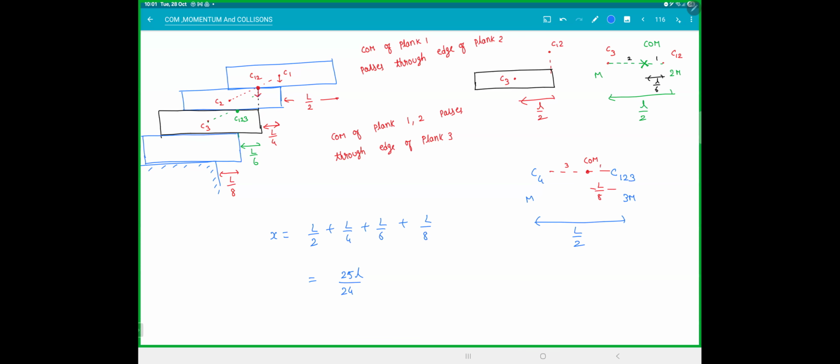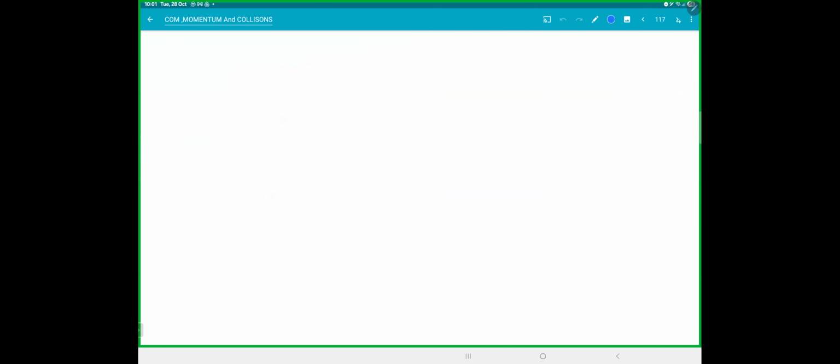Let's see a few more questions. Now let's go more into momentum. These problems will be good for today's class, and these problems in the next class. So we have a plank wedge. This mass is 2m. Here we have a ball, mass is m.